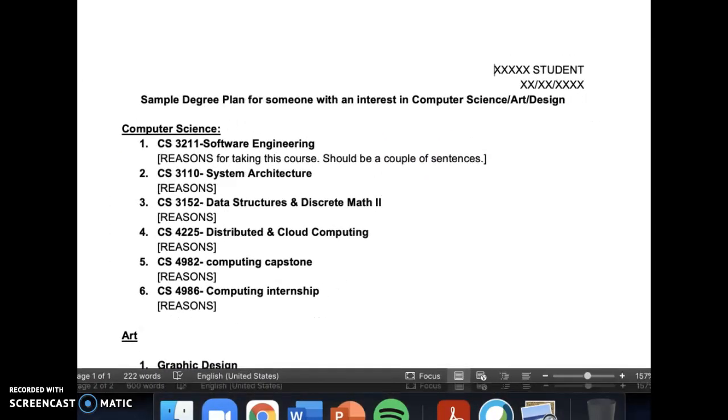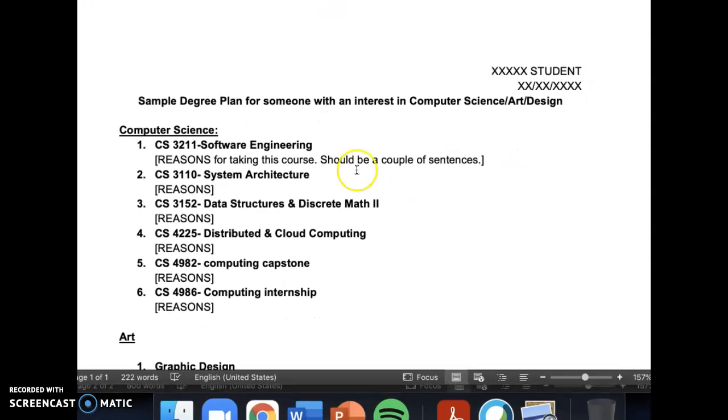So this is a sample degree plan, and I will upload this as well, for someone who has an interest in computer science, art, and design. As we know, somebody who works toward a computer science degree might be seen as someone who would want to code or do programming or other kinds of development on that end.